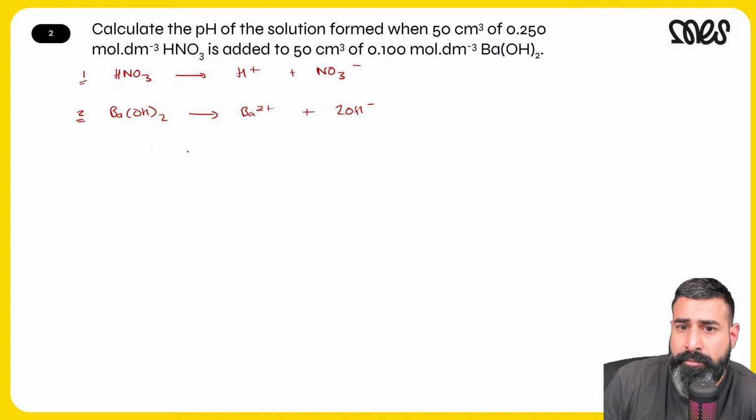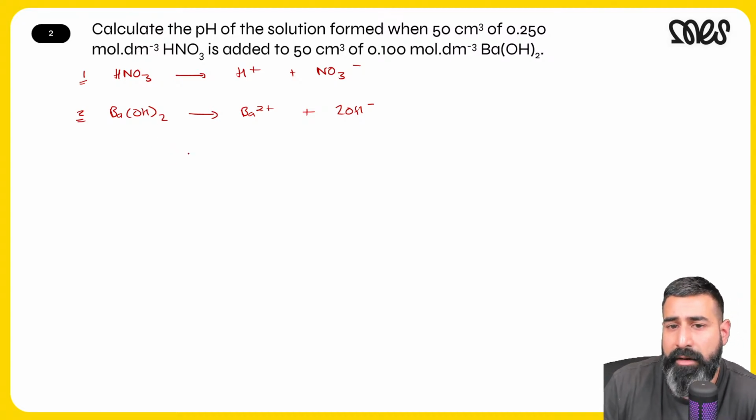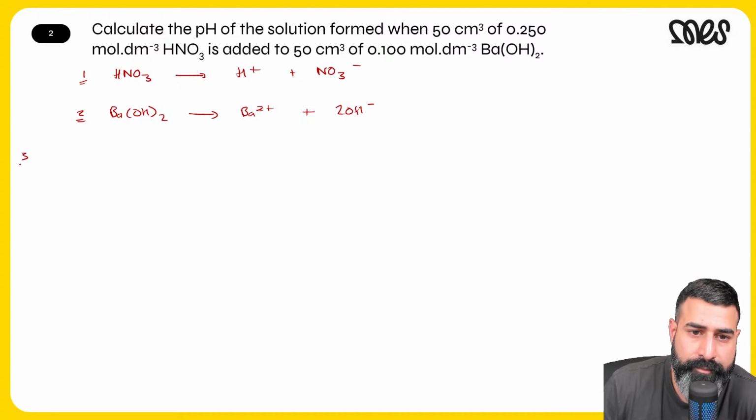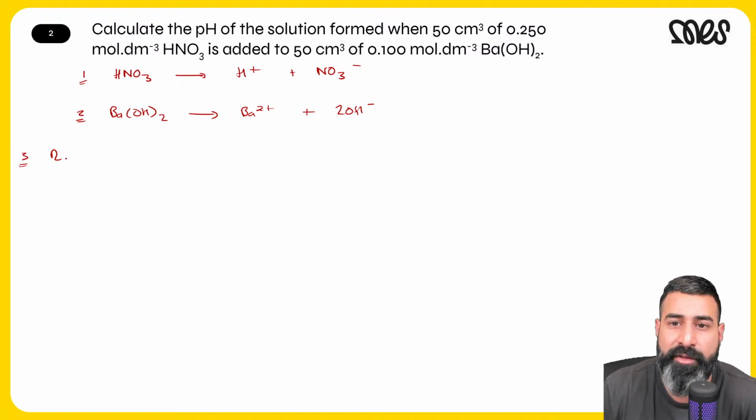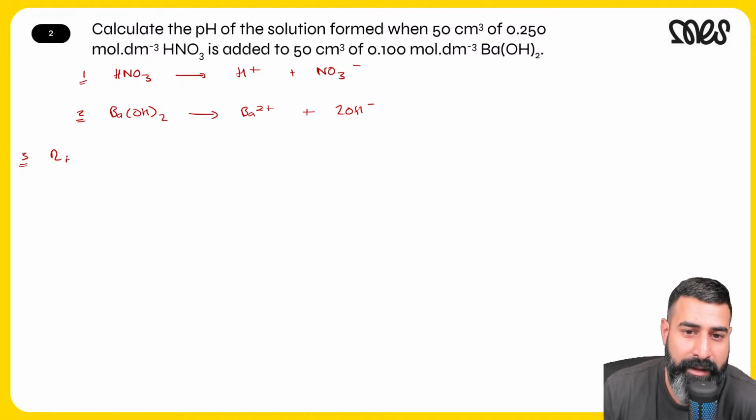Where do we go? Let's work out, first of all then, the number of moles. So this time I'm just changing the sort of nomenclature or language that I use. So N is the symbol for the number of moles. So just to make it easier, I can work out the number of moles of H plus. Okay.